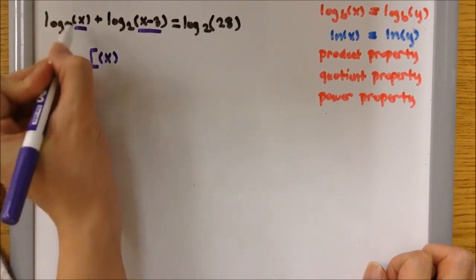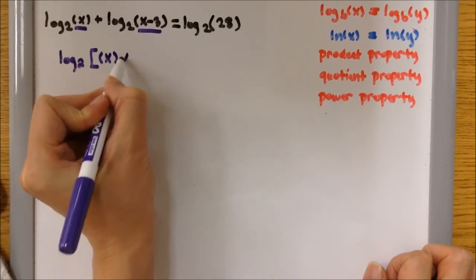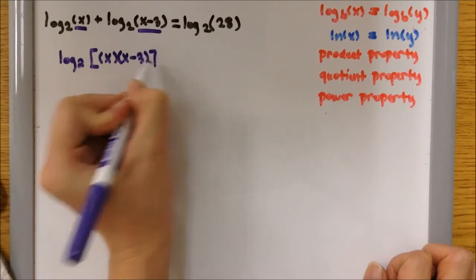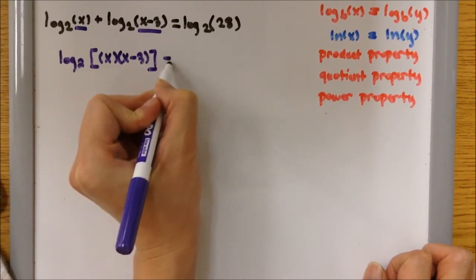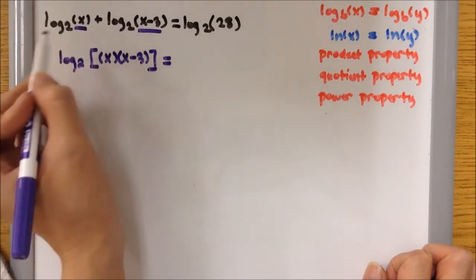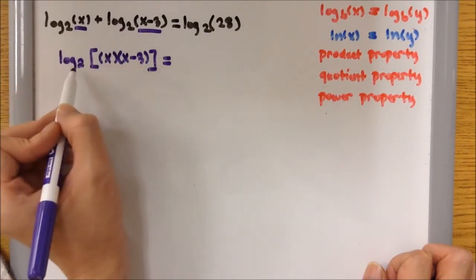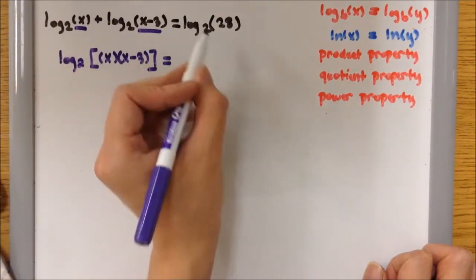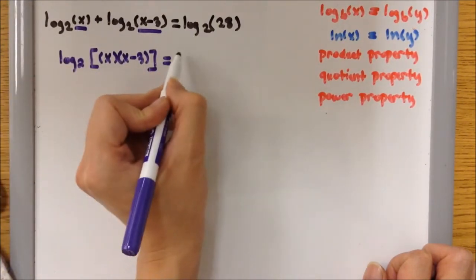So x from here, and then x minus 3. And then I'm going to close bracket. So again, I'm applying the product property, combining these two, or condensing these two as a single log base 2, and then multiplying what's inside the parenthesis. On my right side, we have one log, so that's okay.